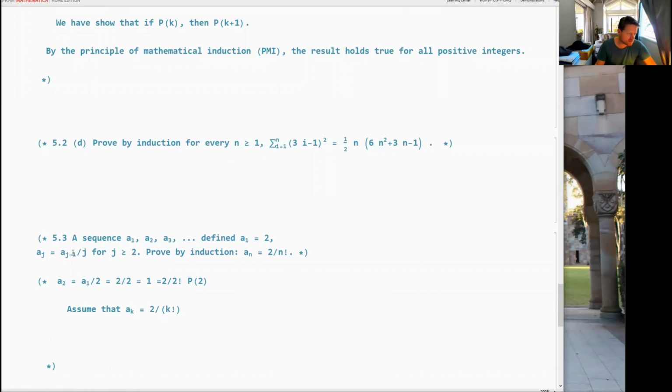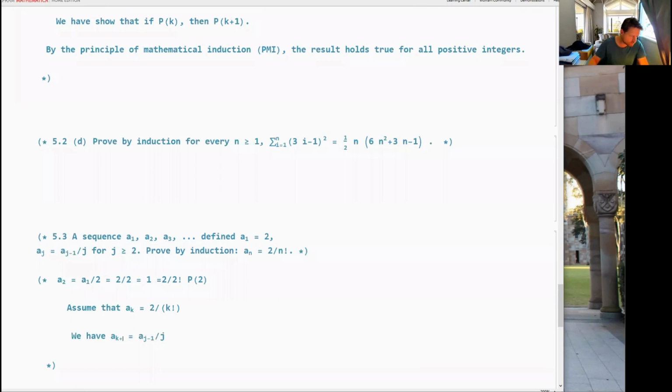Now, remember, we're allowed to use this part. So you can say we have this holding, but now we want to change this in terms of k plus 1. Okay, so this would be k, and then this denominator here would be k plus 1. All right, so this is just the definition that we're writing here.